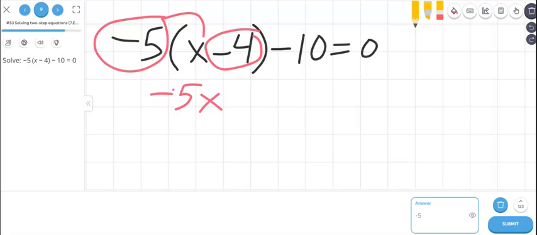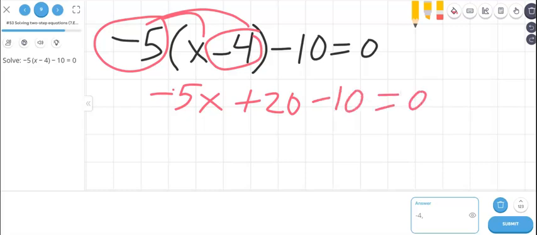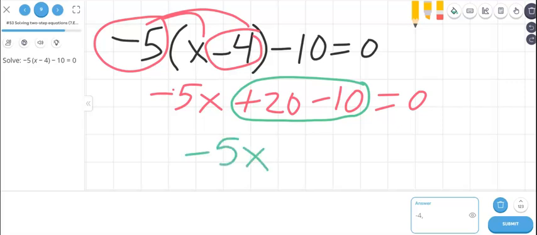And then I would include the negative on this one. So negative 5 and negative 4 is positive 20 minus 10 equals 0. Then what I would do is I would combine these. They're like terms. So we end up with negative 5x plus 10 equals 0.